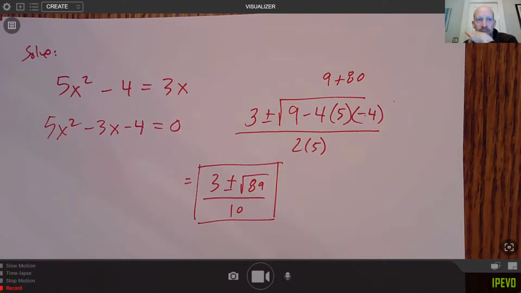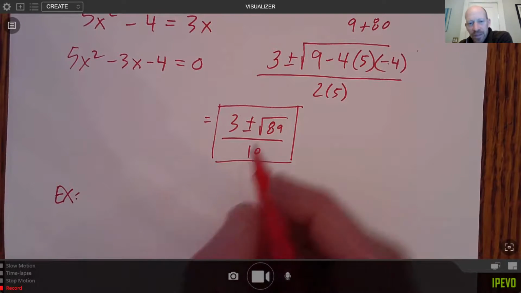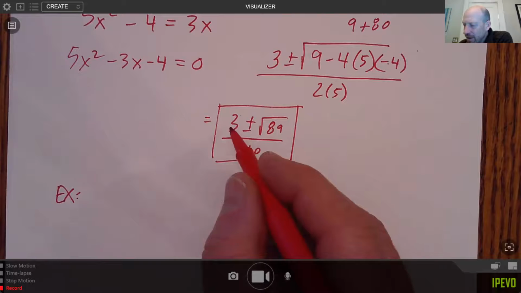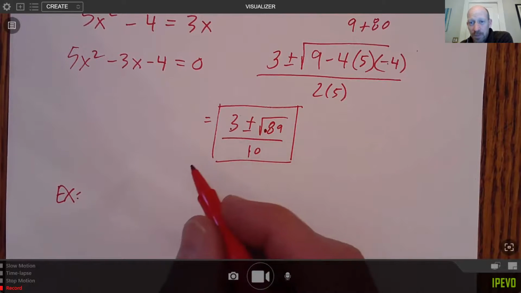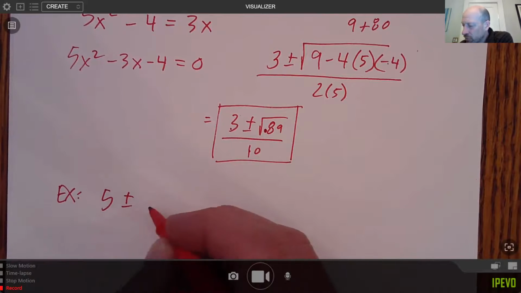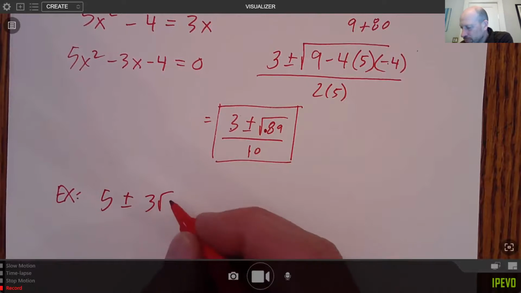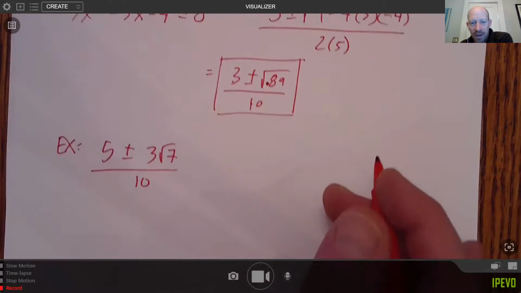Yes, so if 89 was to be factored down, for example, do we divide after that by 10? So yeah, what you have to do, this 10 needs to divide into both of these pieces. That's the other spot where people make some mistakes with simplifying. So for example, if I did end up with 5 plus or minus 3 square roots of 7 over 10, let's just say that that's what I ended up with.